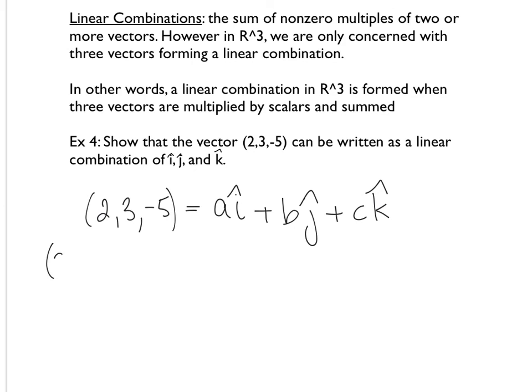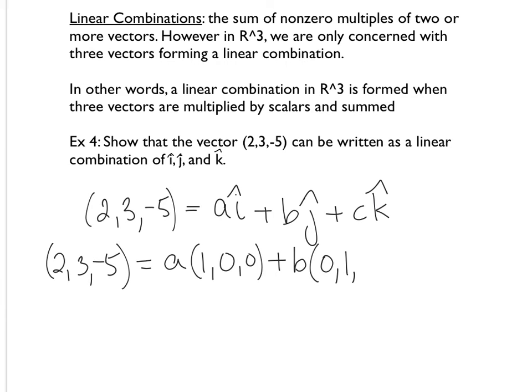And so (2, 3, -5) can be written as this: unit vector i would be (1, 0, 0), because that's essentially what it is. And then b would be (0, 1, 0), that's your j vector. And times c, that's your scalar, it's going to be (0, 0, 1). So now I'm just taking the unit vectors and translating them to, I guess, coordinates.